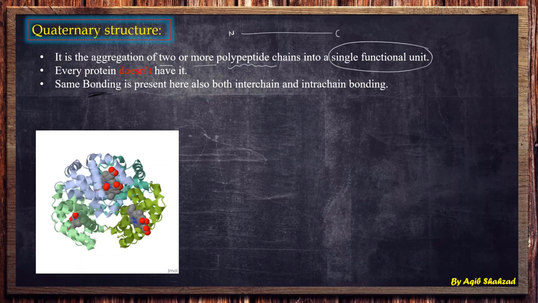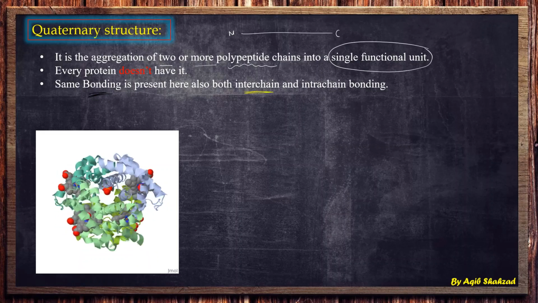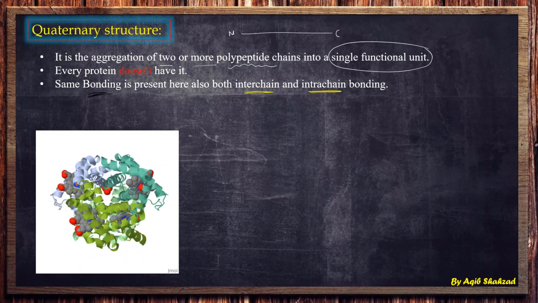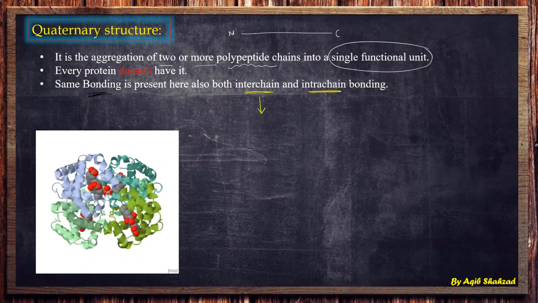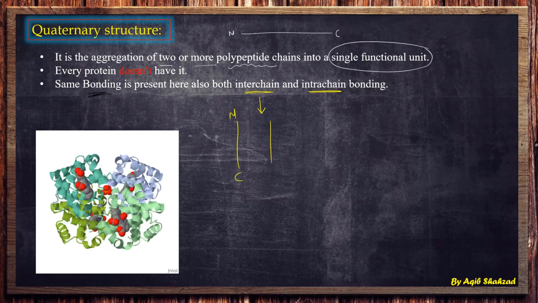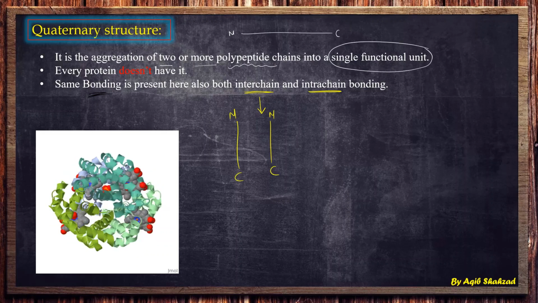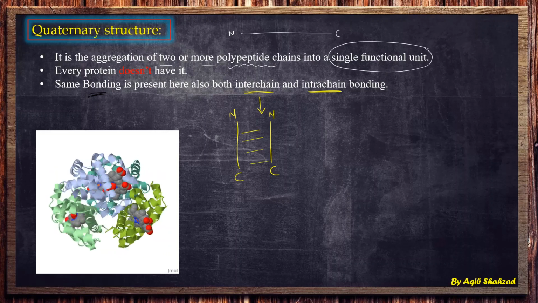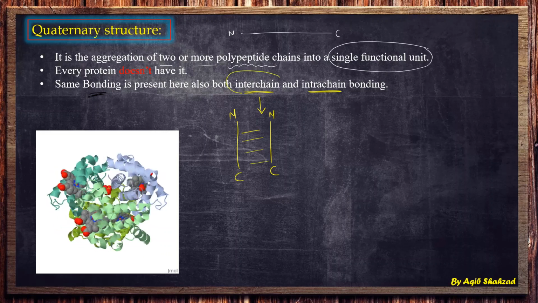Both interchain and intrachain are the two important terms to understand. Interchain hydrogen bonding is between two chains; this is one polypeptide chain and this is another polypeptide chain. Once there is an interaction between two different chains, we call that interchain bonding.